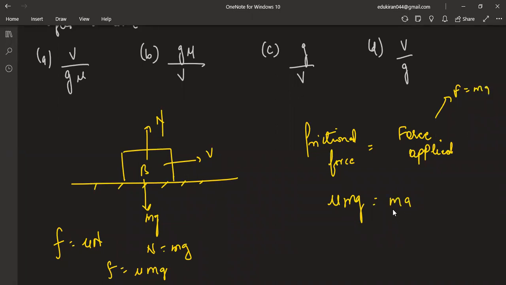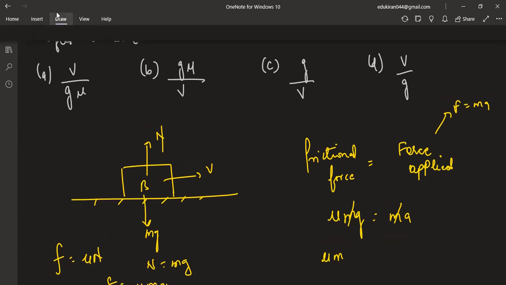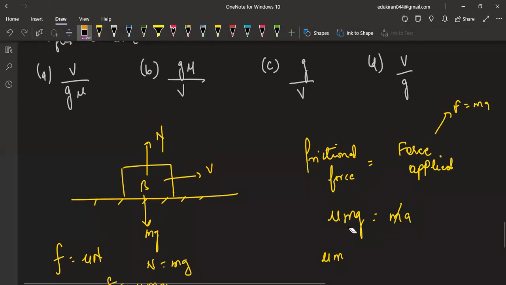Now, if force is equal to ma, m will get cancelled. Now see, mu mg, mu g, cancel it.